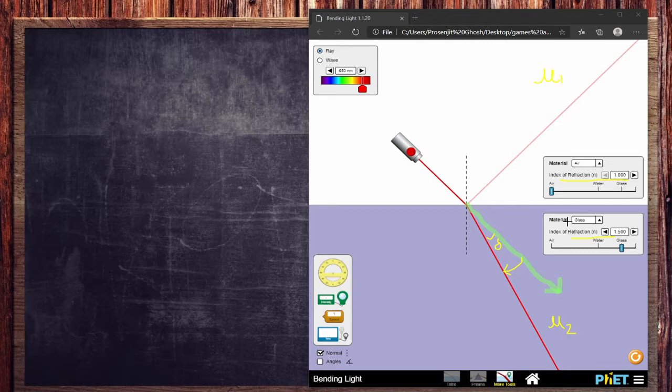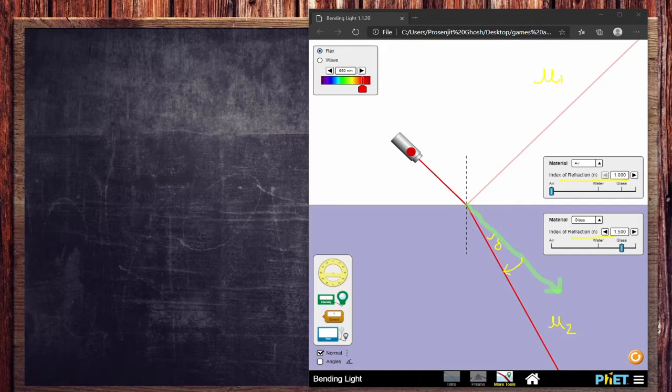The angle by which it deviates is called the deviation angle. I hope you got the idea about this, but we still have to learn more mathematically. So I will show you two cases.